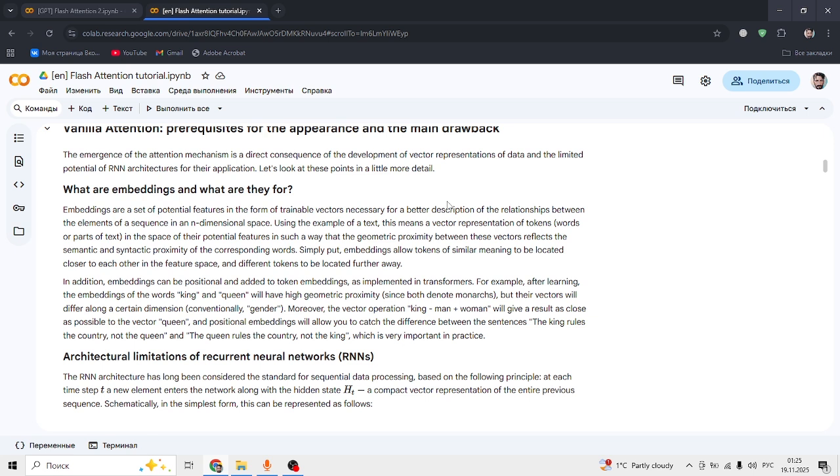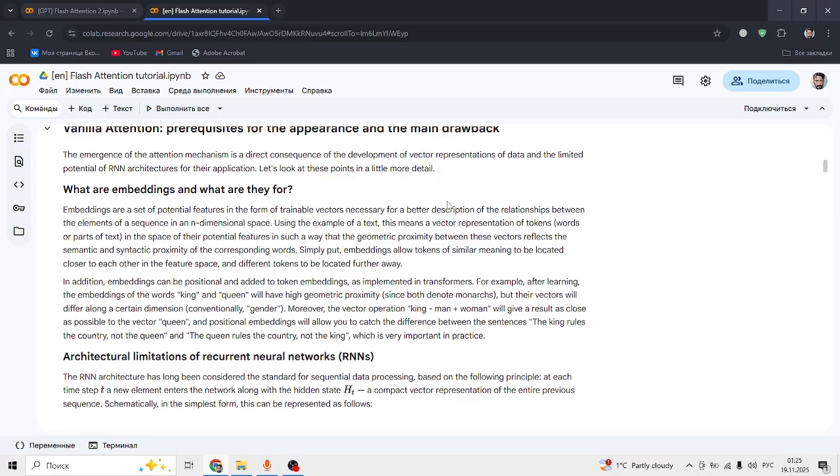Or how I wrote it here in the text version, in the example of a text: it is a vector representation of tokens, these are words or parts of a text, in the space of their potential features in such a way that the geometric proximity between these vectors reflects the semantic and syntactic proximity of the corresponding words.